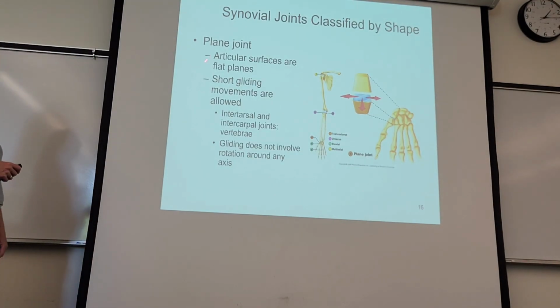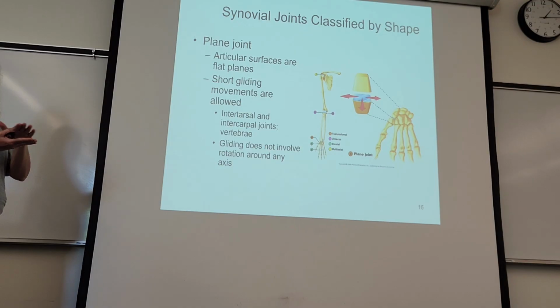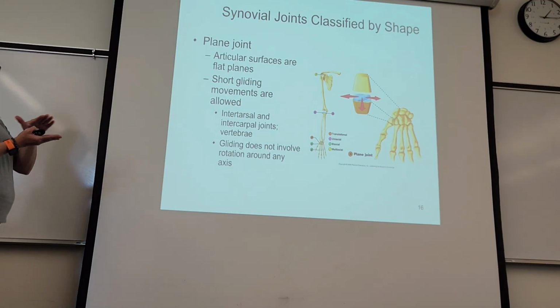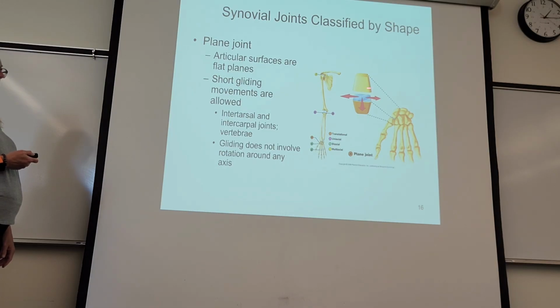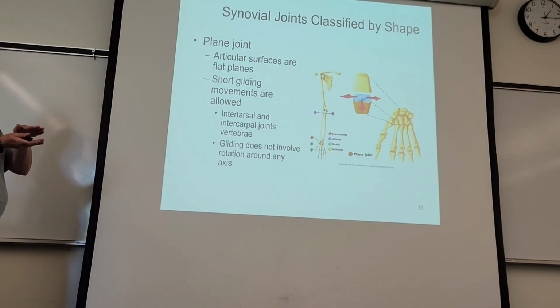Okay, so a plane joint is basically where you've got two flat surfaces of a bone coming together, and it provides gliding. So it's pretty much only gliding between the surfaces of the two bones. Gliding is in one plane of motion. It doesn't involve any kind of rotation.